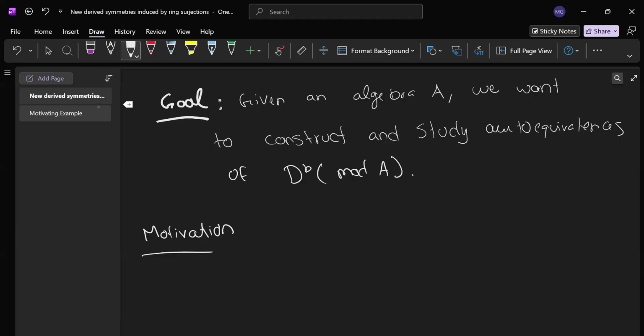Okay. Our motivation for this is just that autoequivalences of this category are pretty flexible objects which still constrain some properties of the algebra.